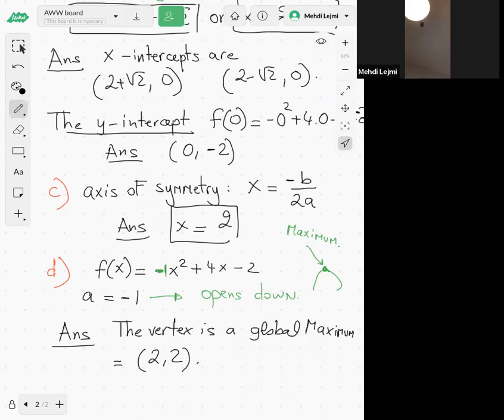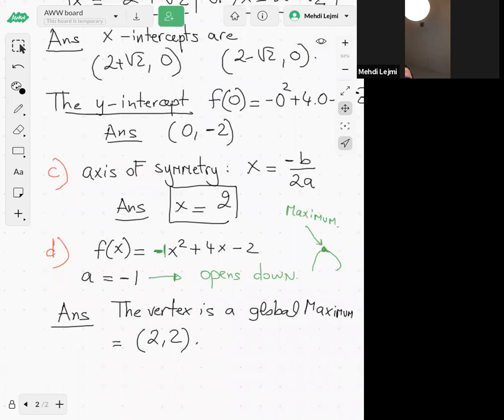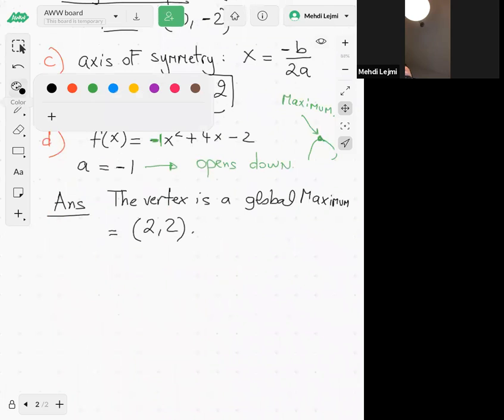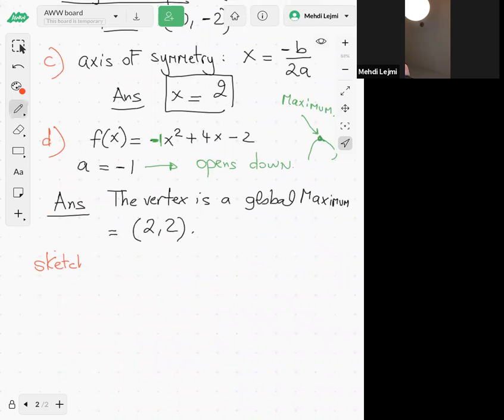And then finally, use the above information to sketch the graph of f. So let's sketch the graph. In the graph, guys, you need to get full credit.